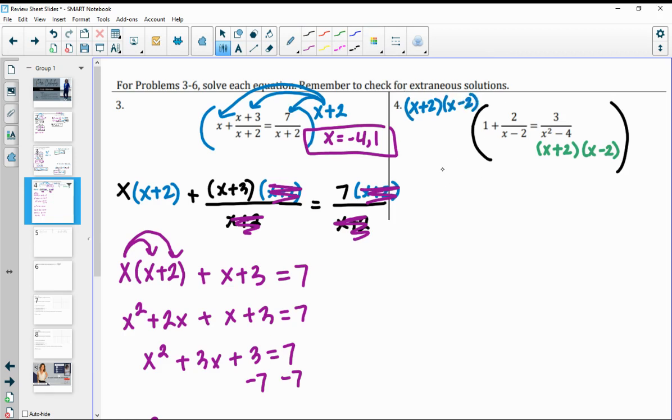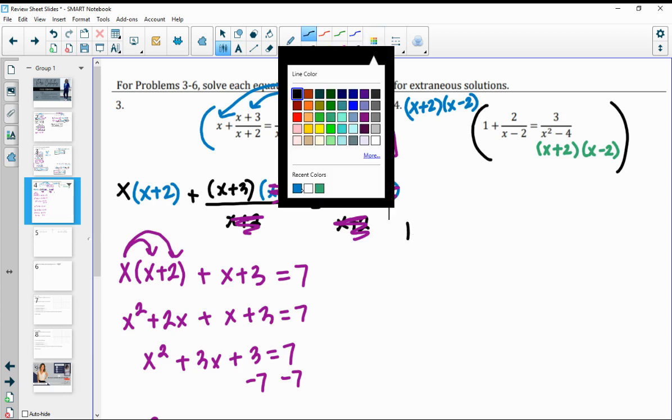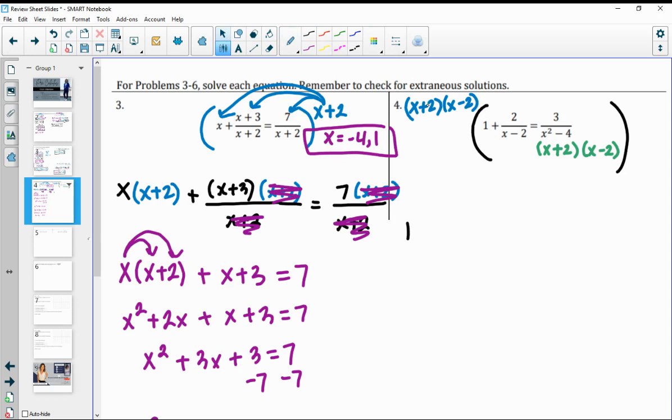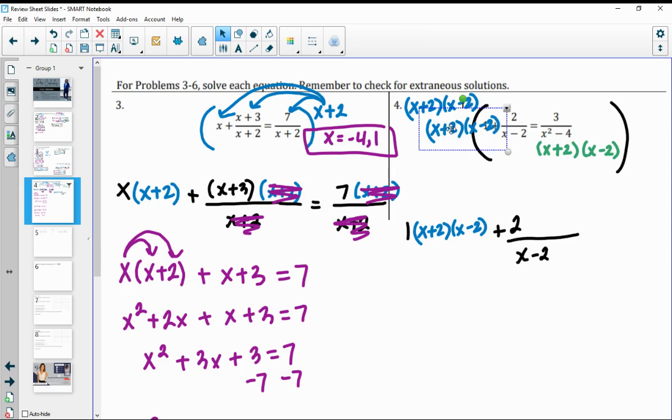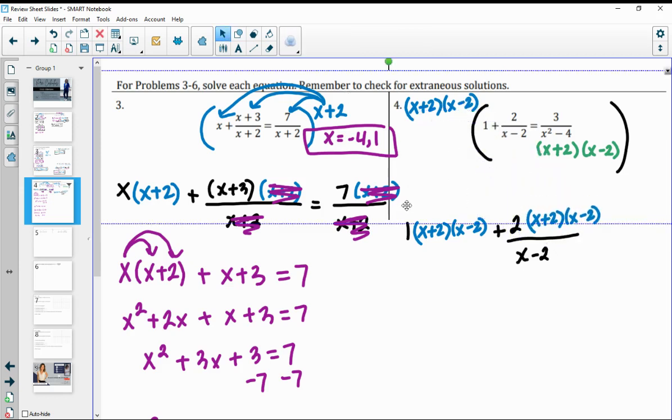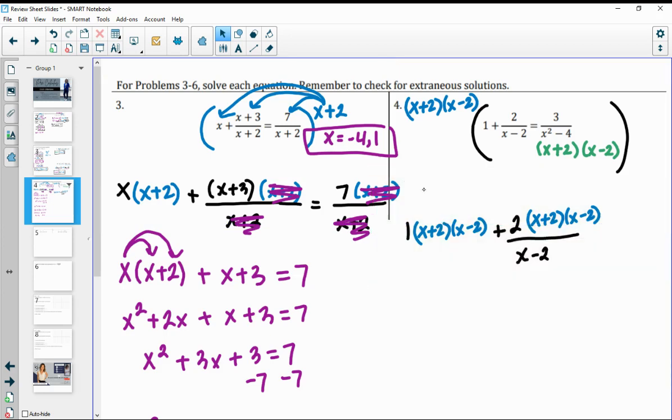So when we multiply these in, we're going to have the 1, and then we're going to multiply that times this x plus 2, x minus 2. So I'm just going to duplicate this. And then we have plus 2 over x minus 2, and we're going to multiply by this again. Okay, and then let me move this over.